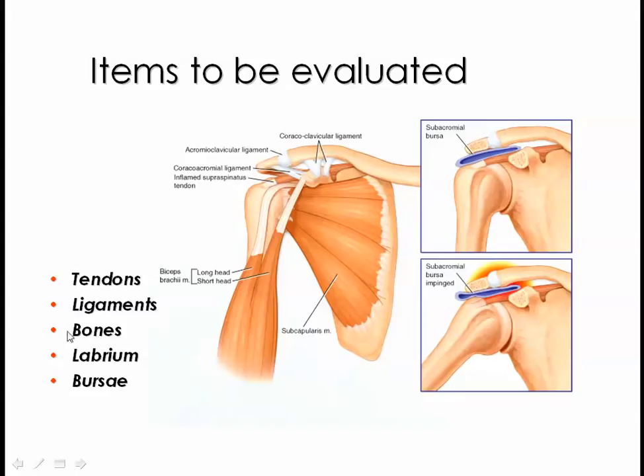Then, considering the bones, we would like to have an idea about this joint, which is very important, the acromioclavicular joint. We also mention something about the acromion shapes. And the labrum, we have 4.